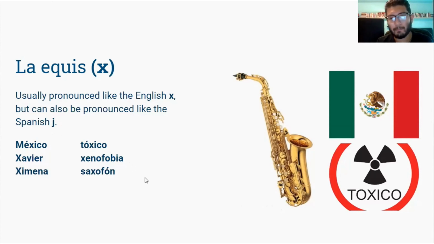I mean, it's not very common, and unlike the letter C, we don't have specific rules that tell us when the letter X is going to be pronounced like an X and when it is going to be pronounced like a J. We don't have rules in that regard. Maybe because it's not as common as the letter C, which appears, for example, here with tóxico, with Mexico, as a K pronunciation.